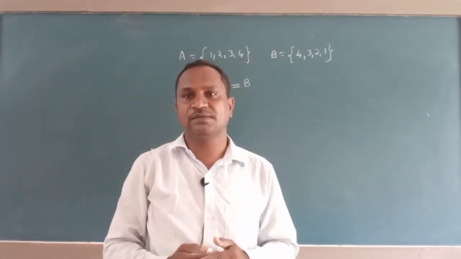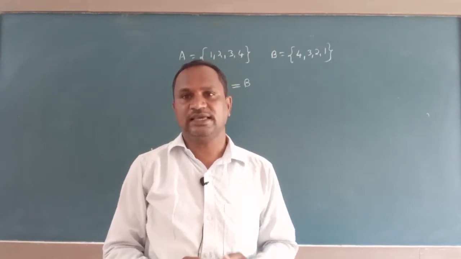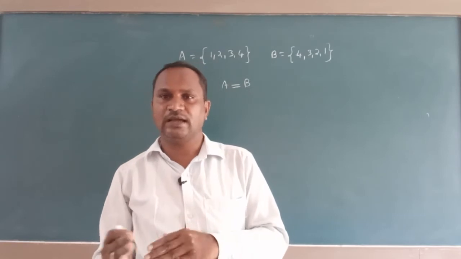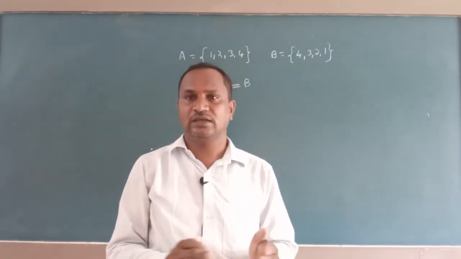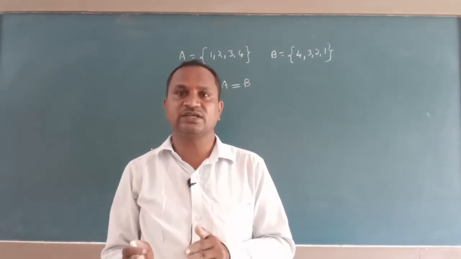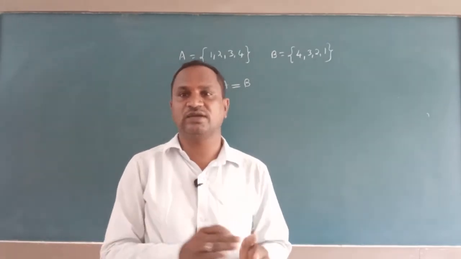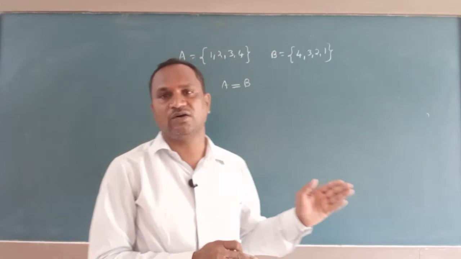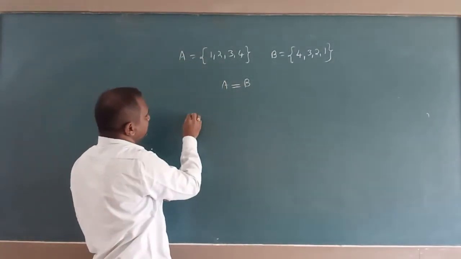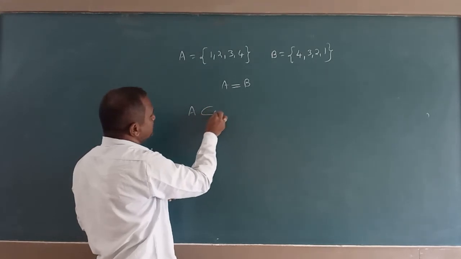Now we are discussing subsets. In case of equal sets, we say A is subset of B and B is subset of A. And what we got from LHS, the same result we will get from RHS to LHS also. Let us check now. A is equal to B. Is A subset of B or not?